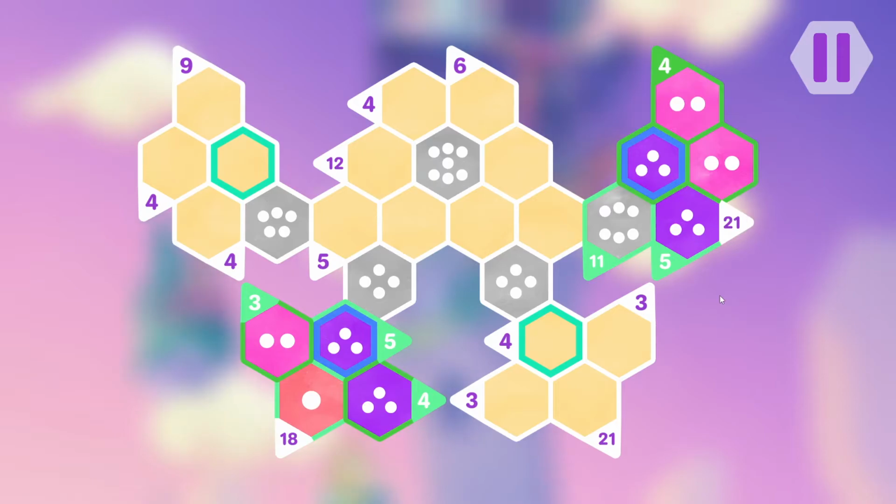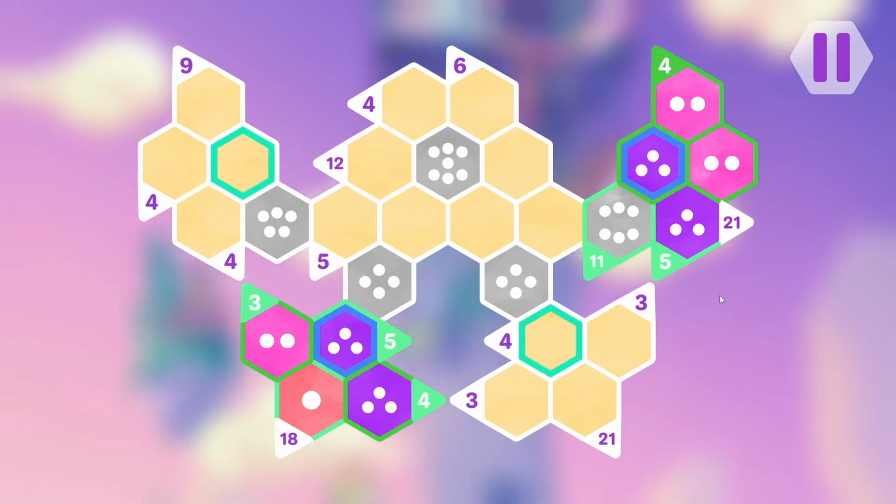Okay, 18. 18 is almost depleted, so we have 7, 10, 15. So we have 3 remaining. 3. Only 3.